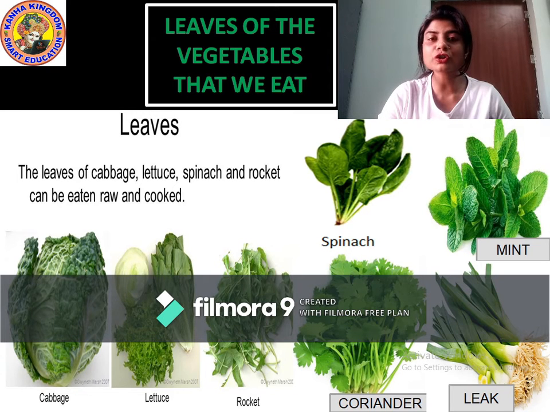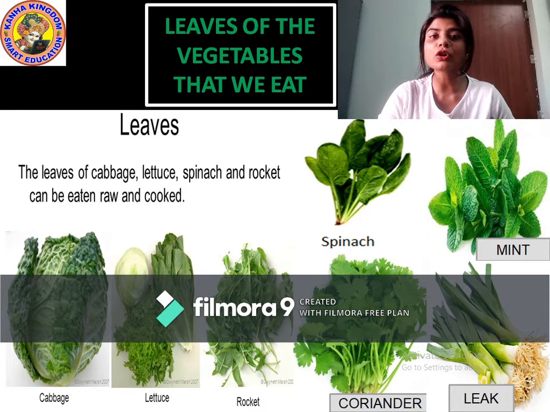Raw and cooked means you can eat that without cooking also, and you can also cook it and eat.